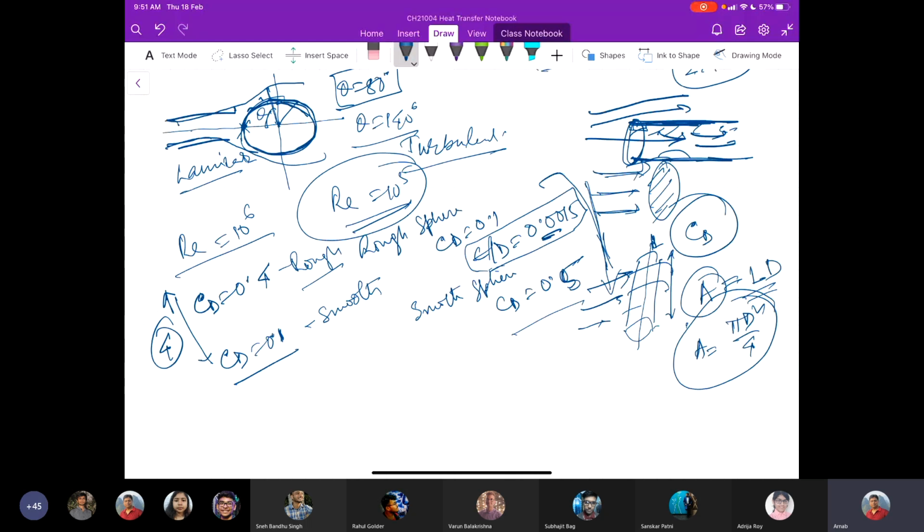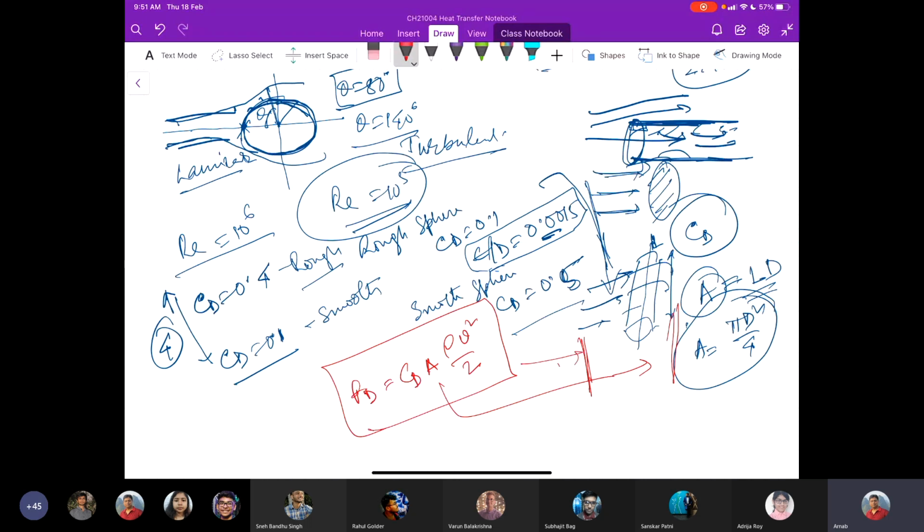Because we need to apply this relation: FD equals CD multiplied by A rho V square by 2. So remember, it is the projected area that is facing the flow or obstructing the flow.